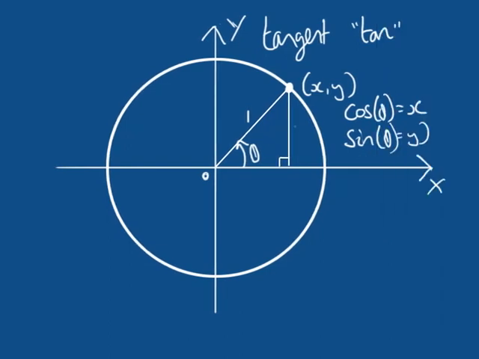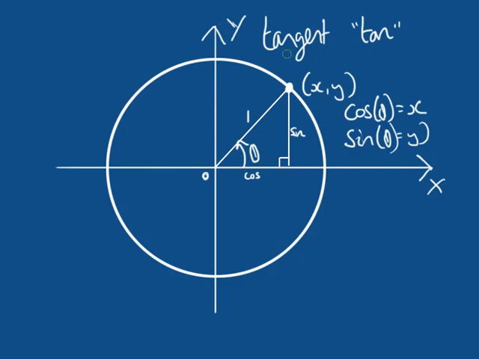So I'm simply going to call this edge sine. And travelling from 0 to our x-coordinate in x, that distance must be cosine of our angle. I'm simply going to label this as cos.